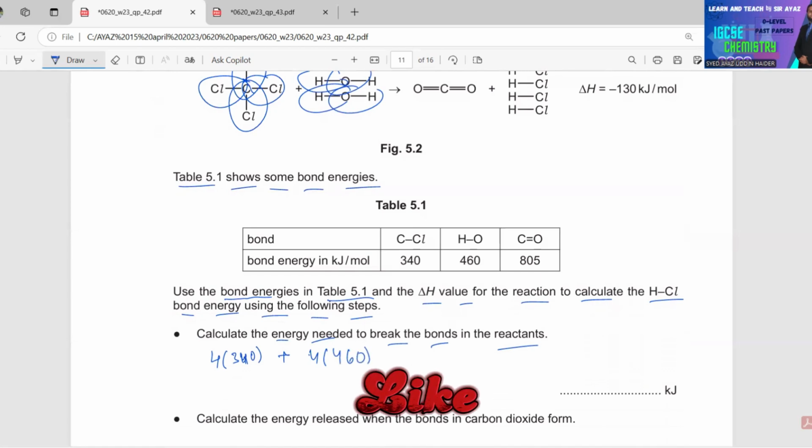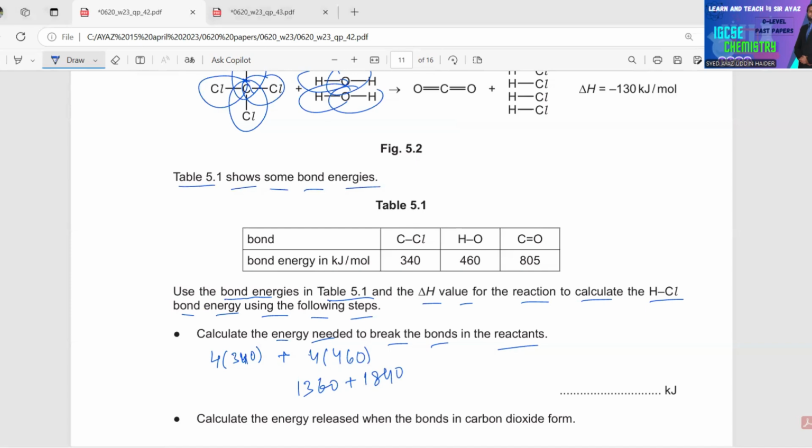So what will we get? 4 multiplied by 340 is 1360, plus 4 multiplied by 460, 1840.